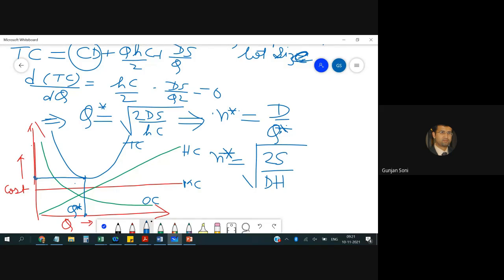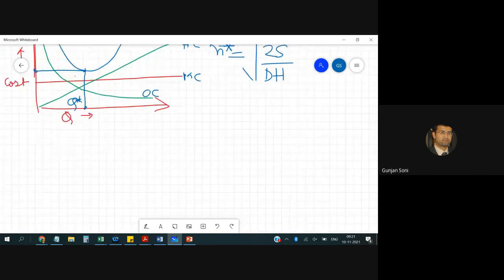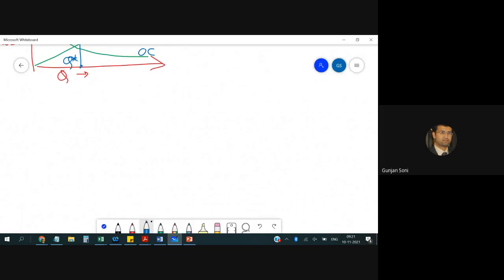Okay, so we go ahead and do a problem. Let's say the demand for computers is given as 12,000 computers per year, and the demand rate is given as 1,000 computers per month.